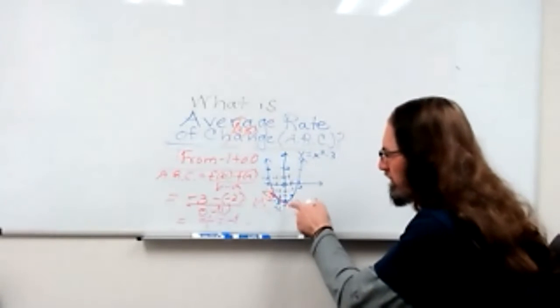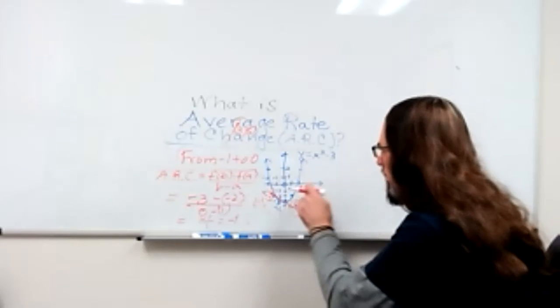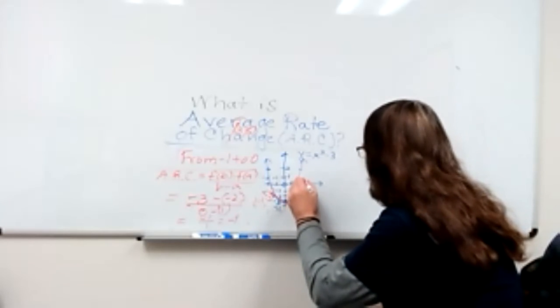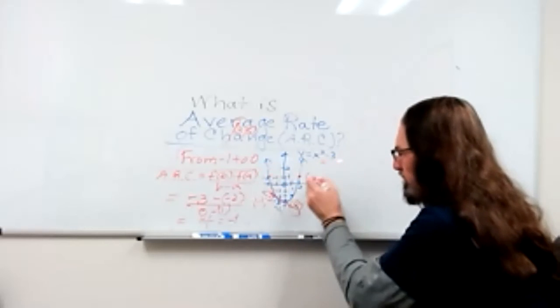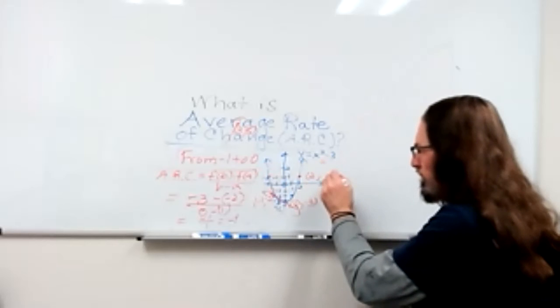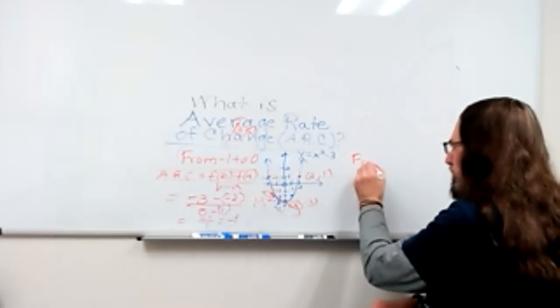Now, if we then go from 0 to 2, when we put in 2 squared minus 3 is 1. All right, so from 0 to 2.